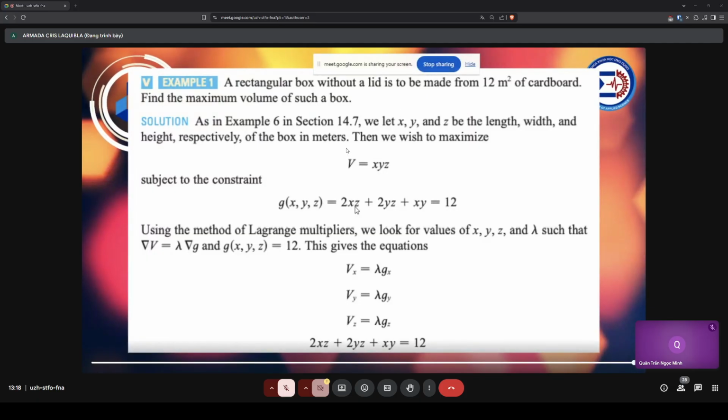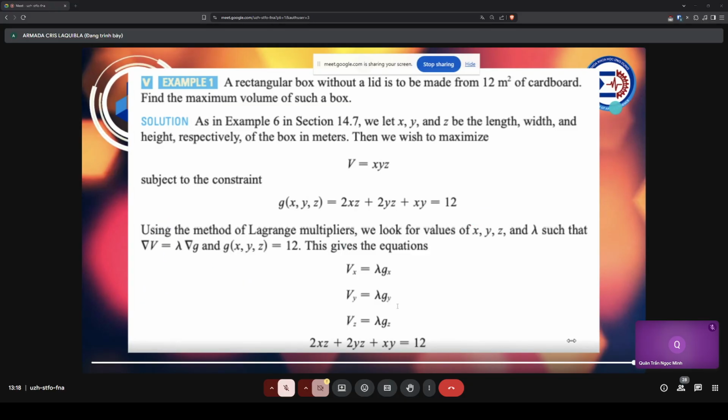And the other side is also y times z. So we have five rectangles in your box, again because there is no cover on top. That's it. We have 2xz plus 2yz plus xy equal to 12, since your cardboard is 12 meters squared.